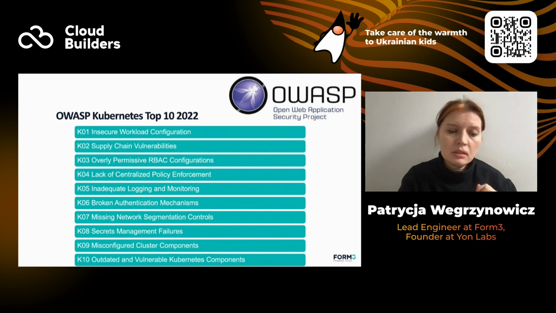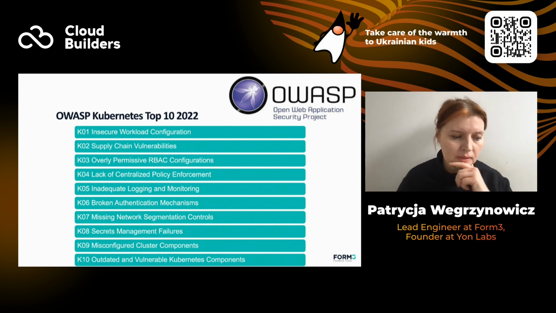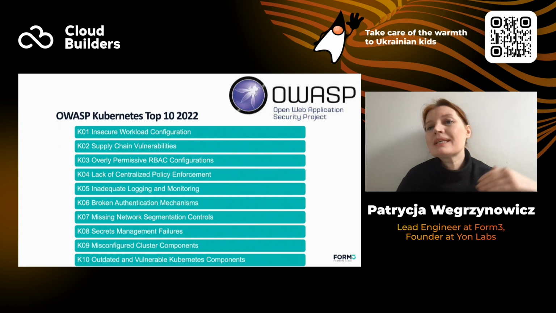So number 9 and number 10 are connected: misconfigured cluster components on one side, and on the other side, number 10 is outdated and vulnerable Kubernetes components. As with every software, it happens that we have some sort of bugs in Kubernetes or in some regular workload we run in Kubernetes. So it's important to patch and update to the newest versions to avoid any security vulnerabilities.